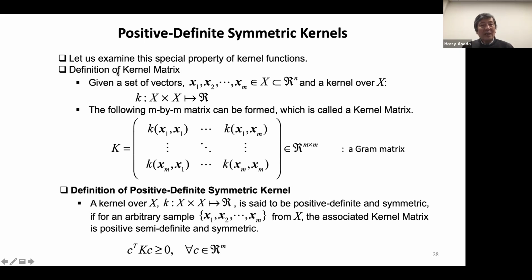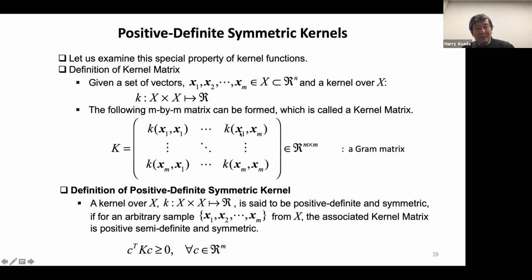We need to define the kernel matrix. Given a set of vectors x1, x2, up to xm, where m is whatever you want, any sample vectors you pick, we evaluate the kernel function for these sample points and put them in matrix form. If we have m points, you get an m by m matrix. This is a very special matrix, a type of Gram matrix, right?